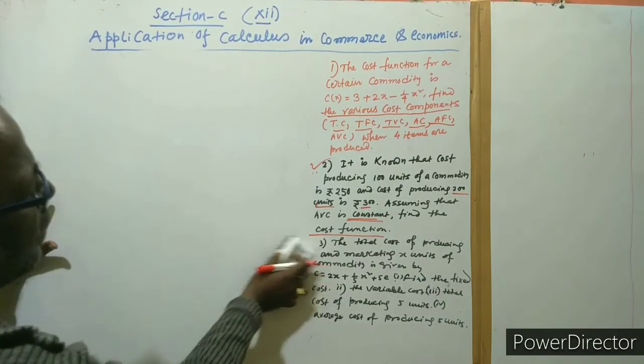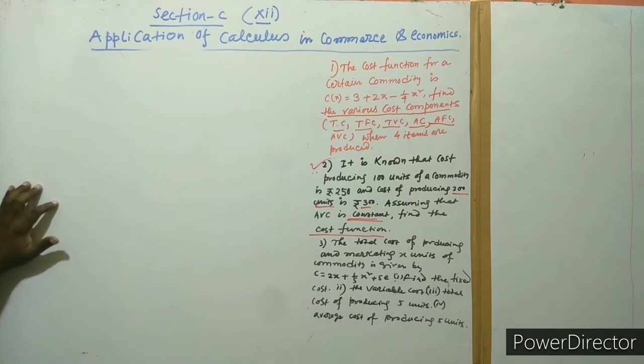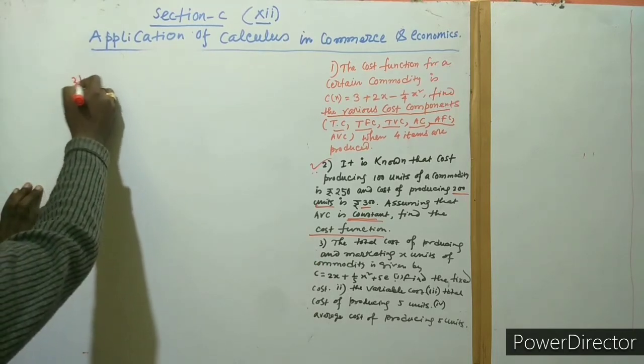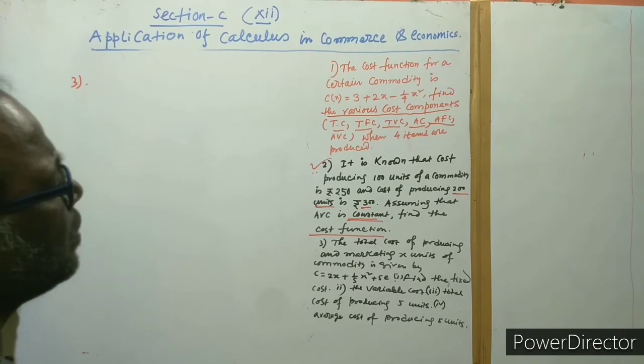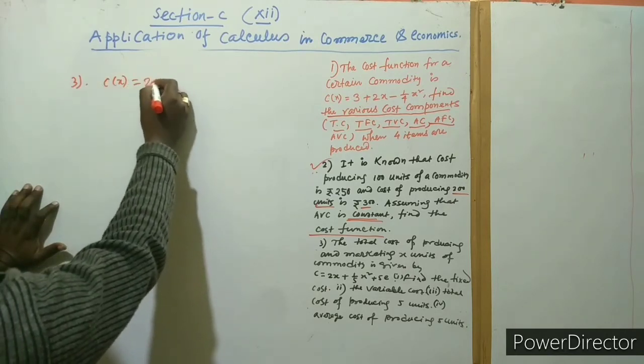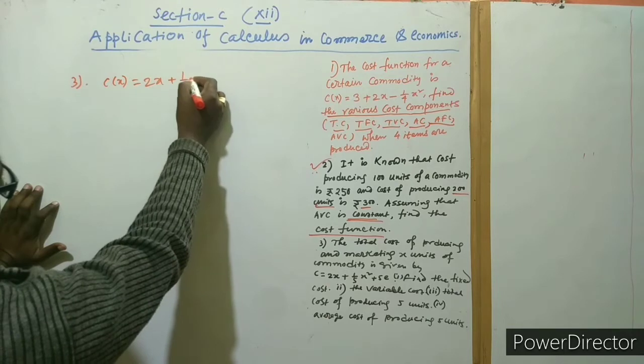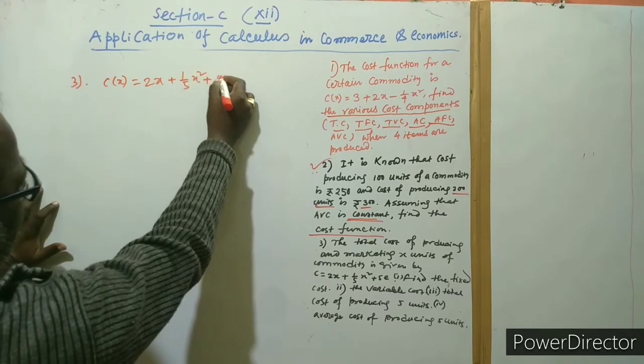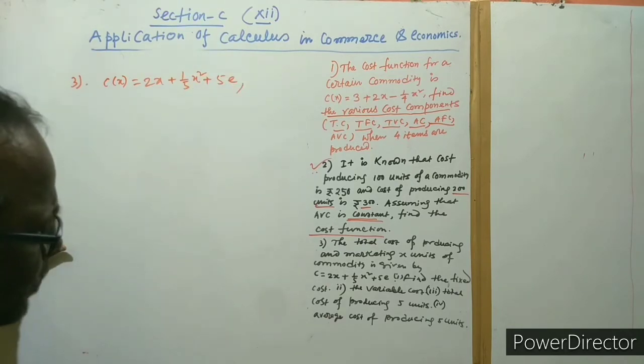Third: the total cost of producing and manufacturing x units of a commodity is given by C of x, that is 2x plus 1 by 5 x square plus 5e.